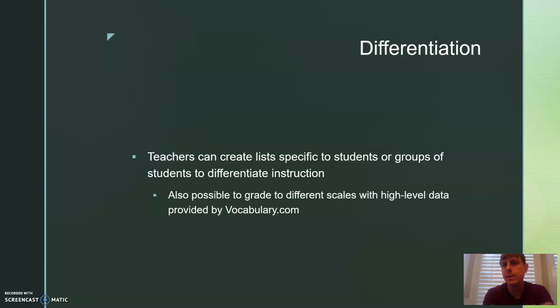You can give them some more foundational kinds of lists as opposed to those tough ones. And so you can use the data that you've already gotten to figure out which kid do I need to put on this list and which kid do I need to put on the harder list or easier ones, et cetera.